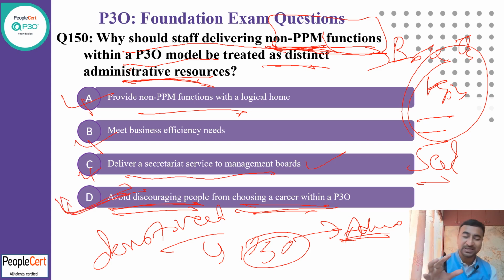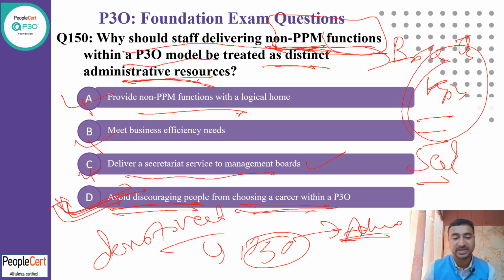Because if you position them as doing this kind of secretariat and very low-level task in the P3O, it creates an impression that deters people, specifically young freshers, from joining the P3O. So we have to have a separate distinction between the administrative staff who are doing non-PPM functions like secretariat, booking, logistics, and all that stuff, and the subject matter experts who do management roles, generic roles, and functional roles.